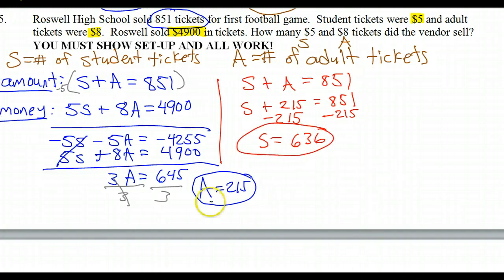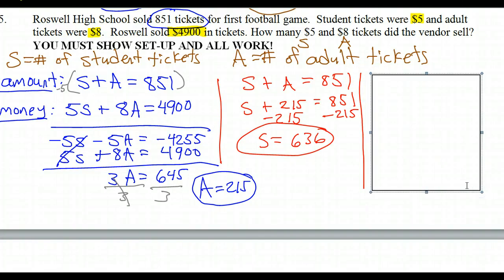Do not stop here. Make sure you go ahead and put this into words. So putting it into words, it would look like this. We're supposed to find out how many of each type of ticket the vendor sold.